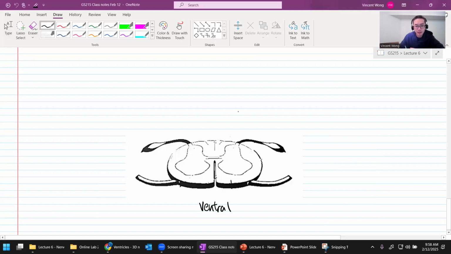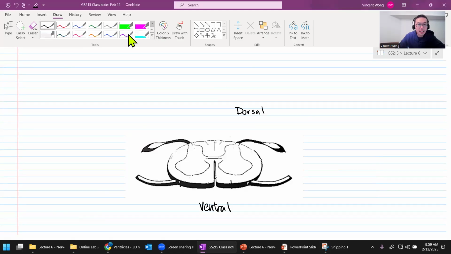Okay, I taught you these things last semester at the very end. So ventral is basically the side of the tummy, and then the dorsal is the back. And instead of using anterior and posterior, for some reason, we use ventral and dorsal when we refer to the spinal cord. Okay, so that's the back, that's the front.